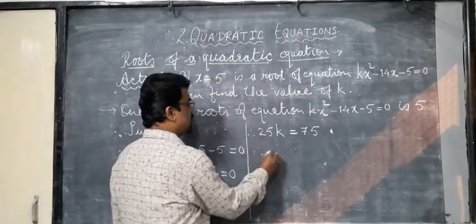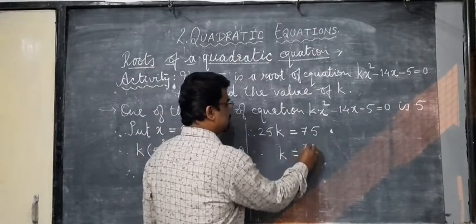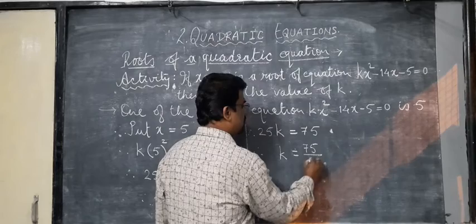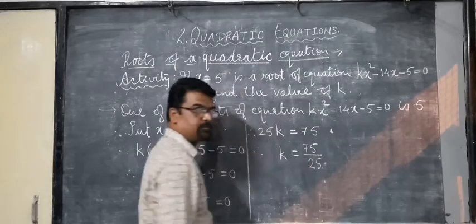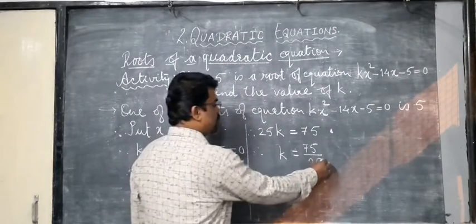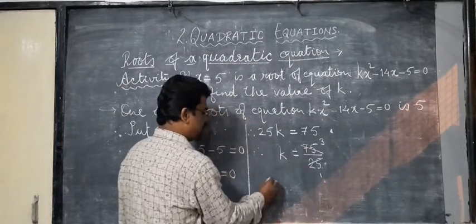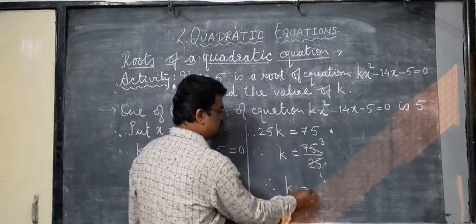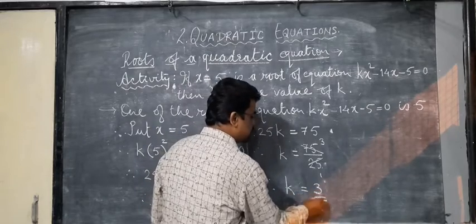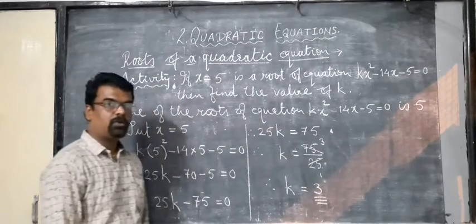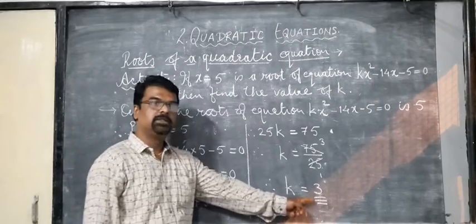Therefore, k is equal to 75 upon 25. Therefore, 25 ones are 25, 25 threes are 75. Therefore, k is equal to 3. So the value of k here is 3.